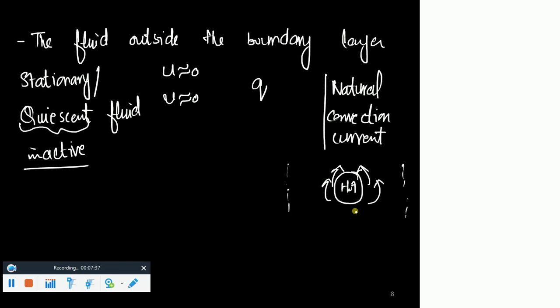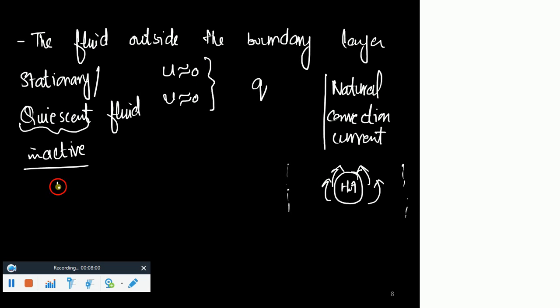Even if it is very low, there is no considerable motion of the fluid beyond a certain length, and I would consider that length to be the boundary layer thickness. So beyond the boundary layer thickness there is inactive fluid. In technical terms you can say it is a quiescent fluid. You would generally see that word. That is why I have used this assumption.